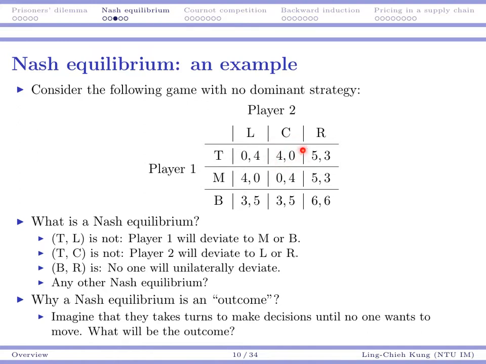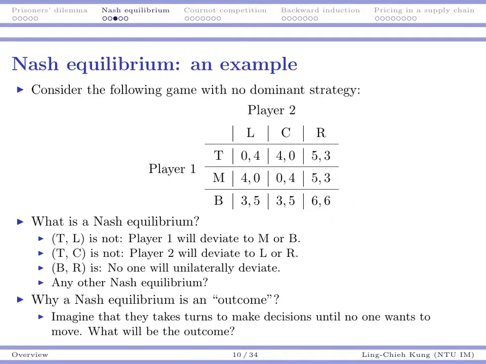The same thing happens to TC. If currently they are at TC, player 2 would think, if player 1 sticks to T, I would like to move to either R or L, because 4 is greater than 0, 3 is greater than 0. So this is also not a Nash equilibrium. You may go through all these action profiles until you see BR.